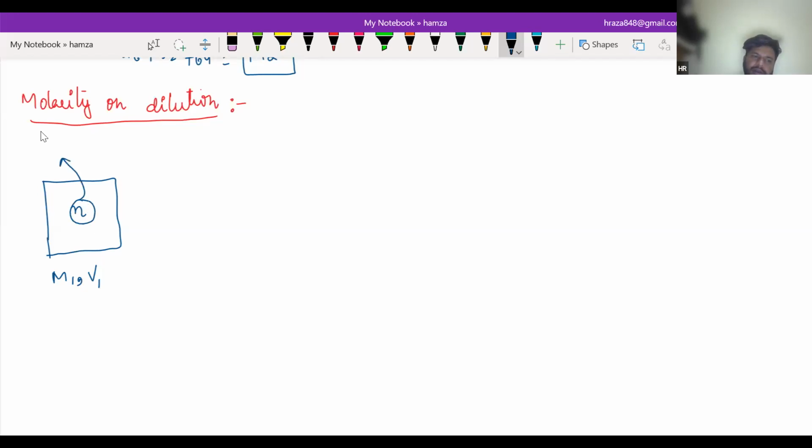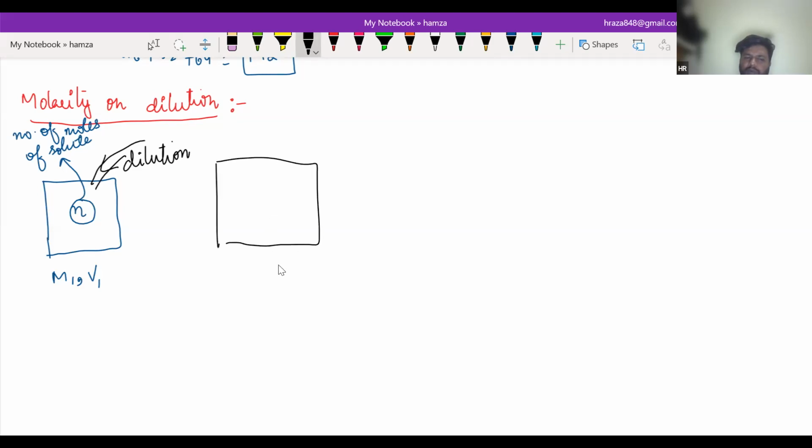This is basically the number of moles of solute, and you are going to dilute it. If you are going to dilute it, what does this mean? Dilution takes place. That means you are adding solvent to dilute it. Okay, and after some time its volume changes to V2.